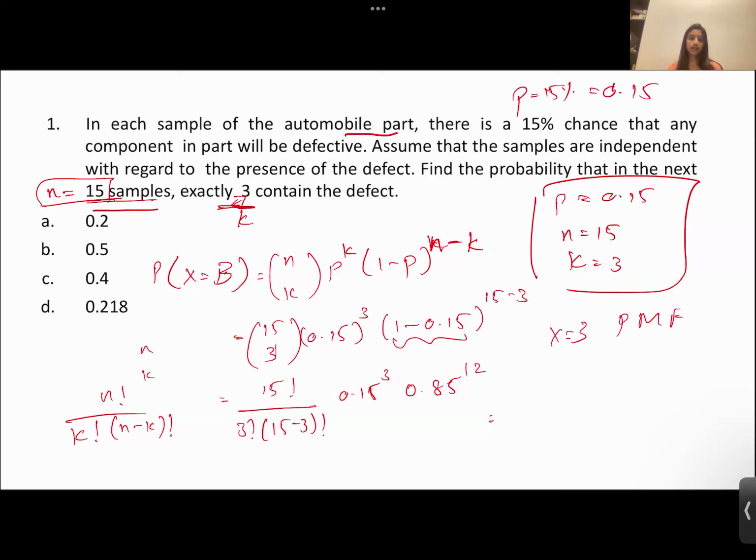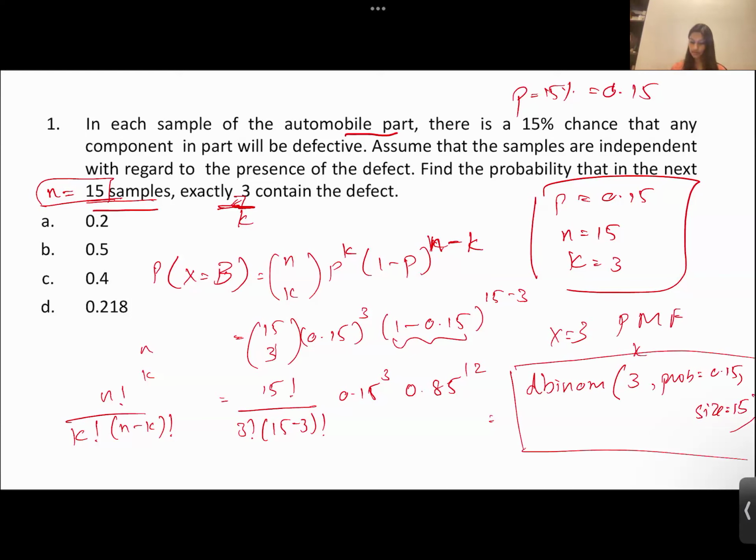If you want to calculate PMF, what do you do? dbinom, and your k is just 3. And your probability is equal to 0.15. Your size is equal to 15. So this is the command in R that you can use to solve this problem. Numerically, you use this formula, and with R you use this.